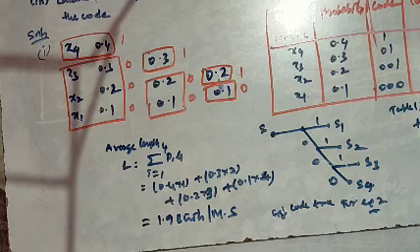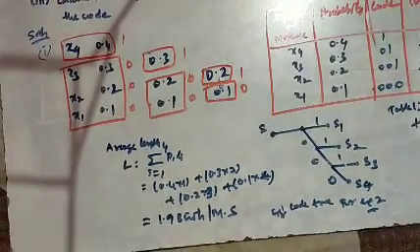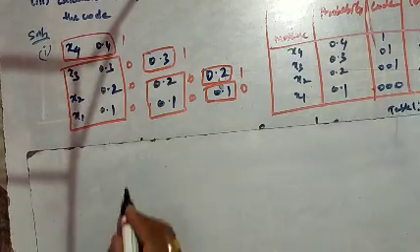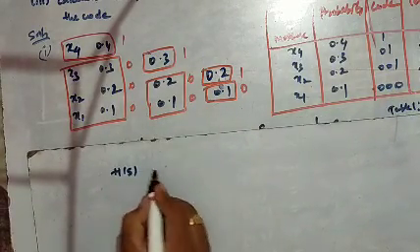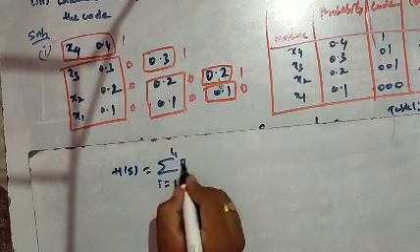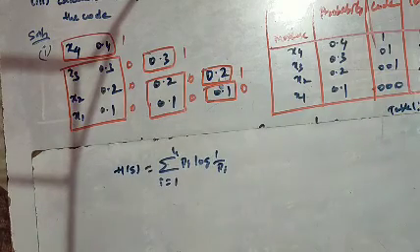Now we have to find the entropy, H of S, which is the summation, i equal to 1 to 4, of Pi log 1 upon Pi.